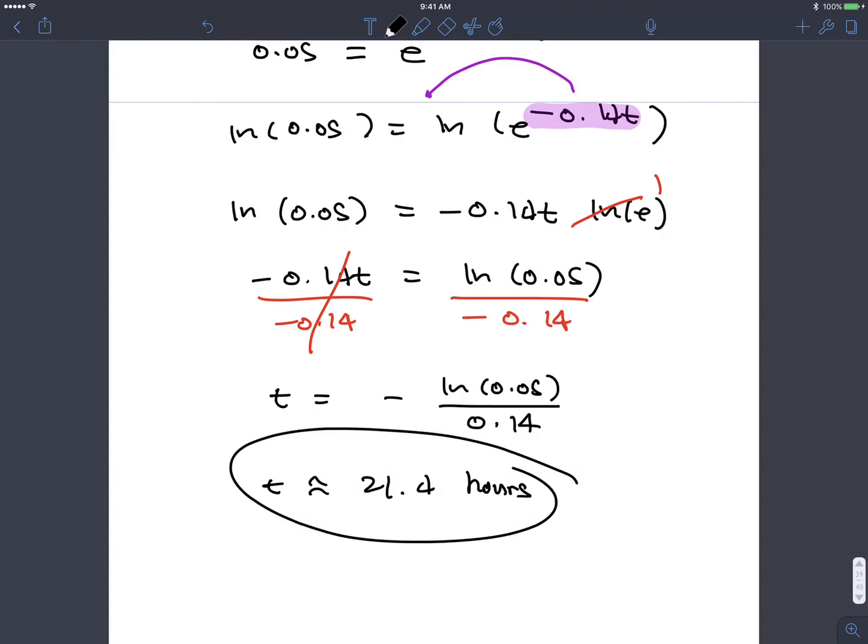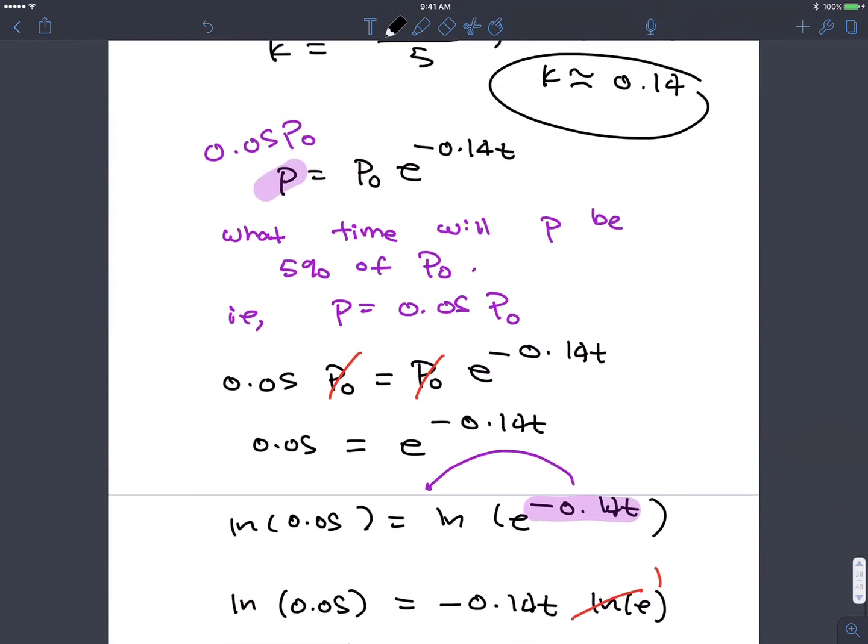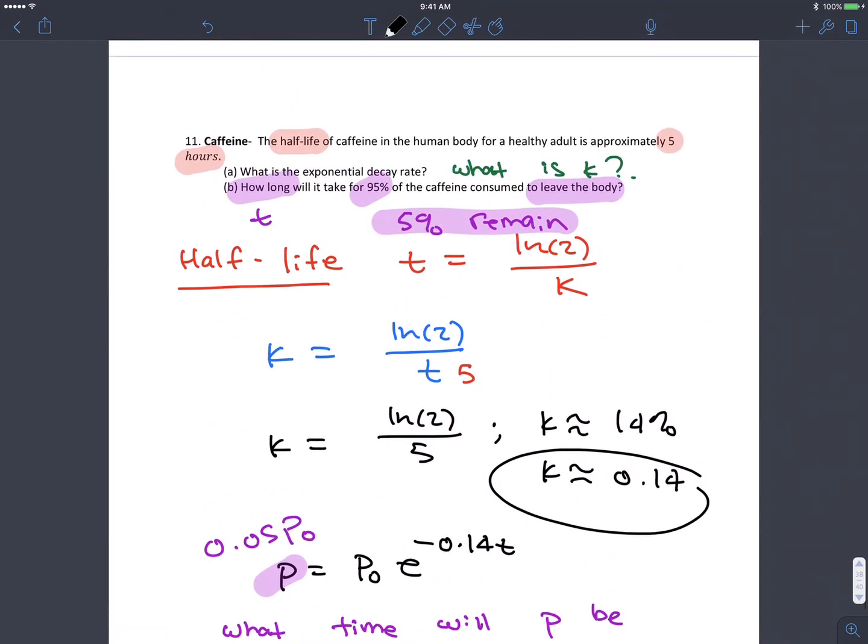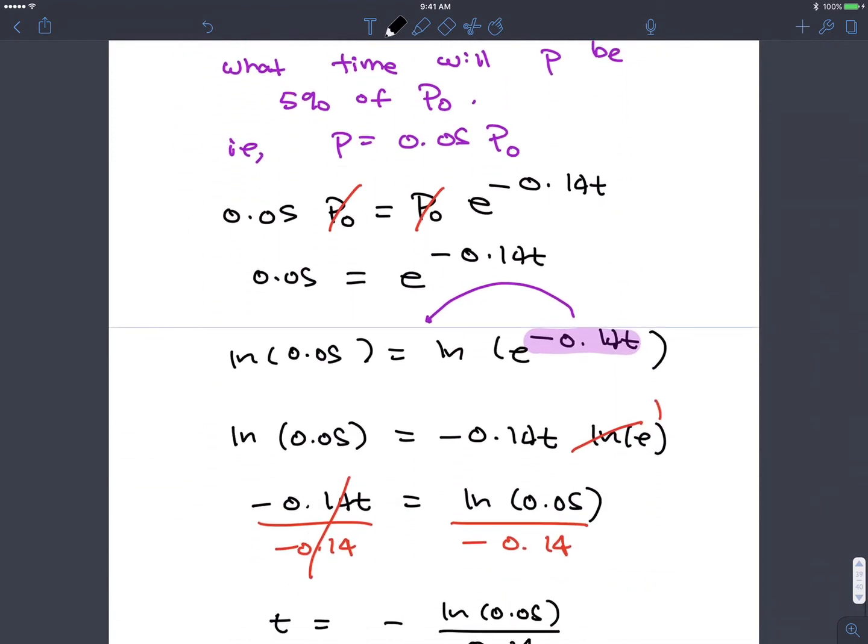So in about 21.4 hours, 95% of the caffeine will leave our body. Notice what this means. Caffeine has a half-life of 5 hours. So in 5 hours, half the caffeine will leave our body.